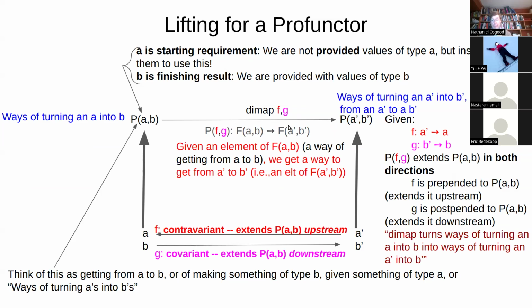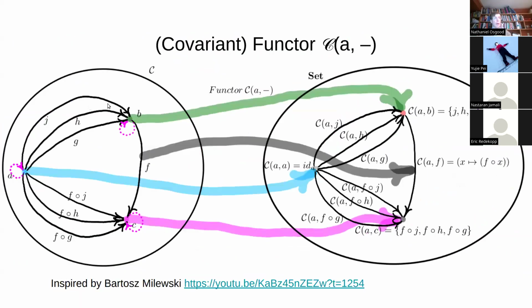In other words, it maps the set of hom arrows from A to B into the hom arrows from A to C. Because this f goes from B to C, when you lift it, it turns a C(A,B) into a C(A,C).